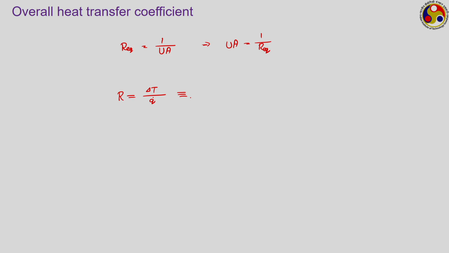From there, delta T is Kelvin, and Q dot is the heat transfer rate, which is watt, that is joule per second. So, we can write it in this form, or generally go for Kelvin per watt. That is the dimension for this thermal resistance.